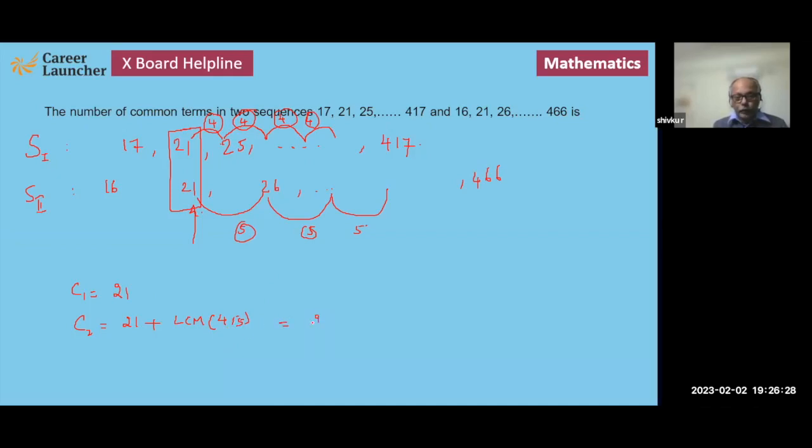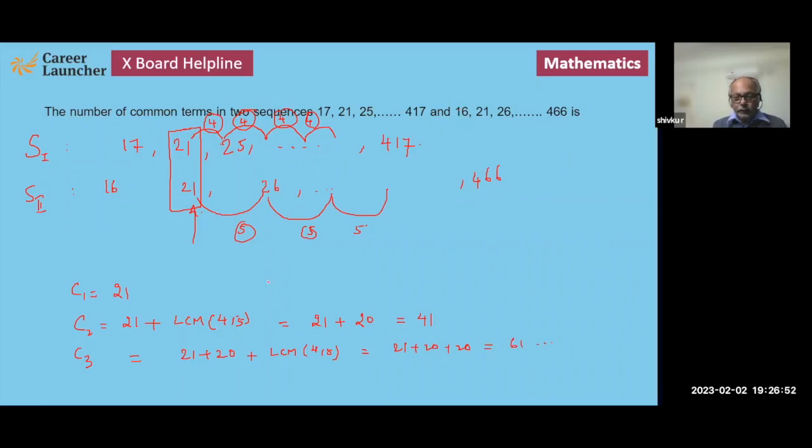So that will be equal to 21 plus 20. The one after that would be equal to 21 plus 20 plus LCM of again 4 and 5. So that will be 21 plus 20 plus 20, right? So this is my second term. The third term will be 61, and so on.